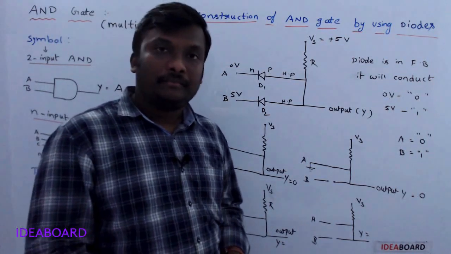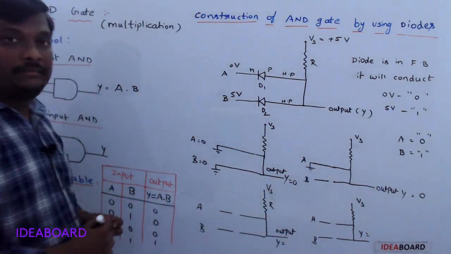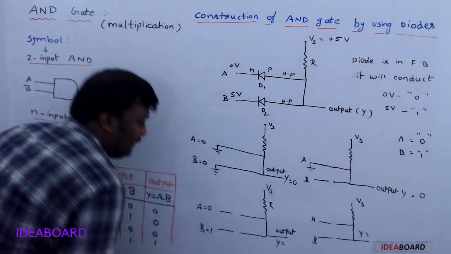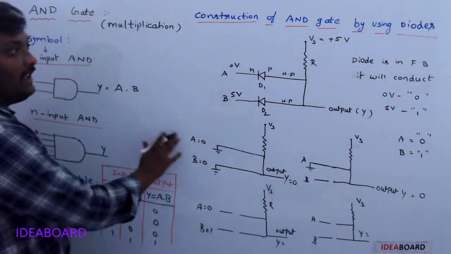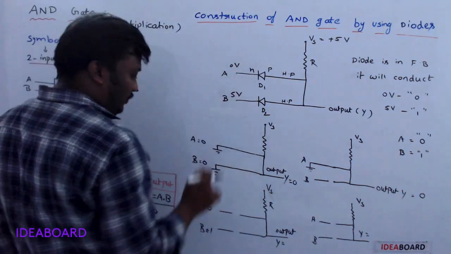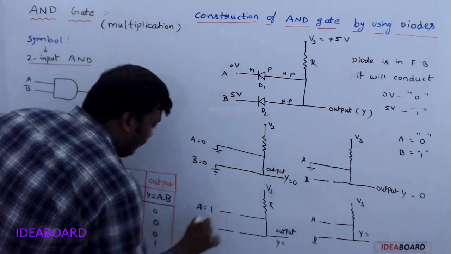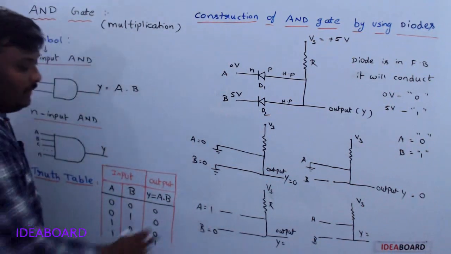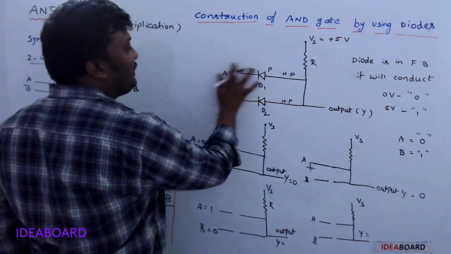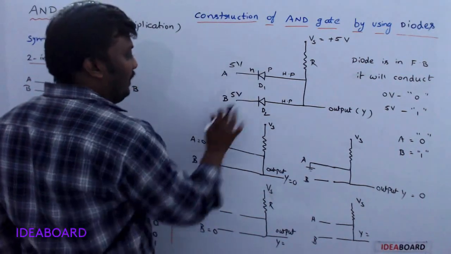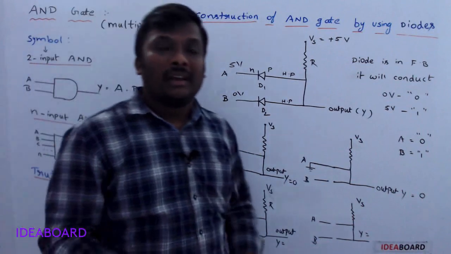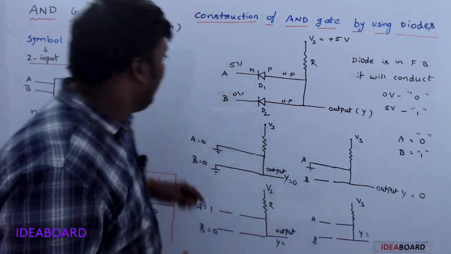Is it clear? Now let us see the third one. A is 1, B is 0. If A is 1, it means here it is 5 volt, and B is 0 means it is at 0 volt. Please concentrate properly now.